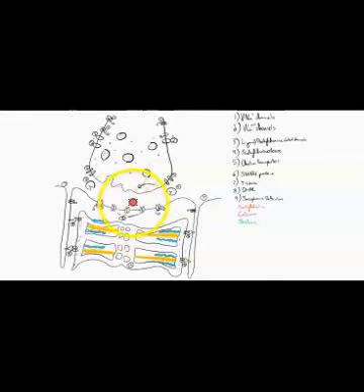And when that is released, it binds to these nicotinic receptors here, which depolarizes the sarcolemma and generates an action potential. When that action potential is increased, there is a release of calcium from the sarcoplasmic reticulum.